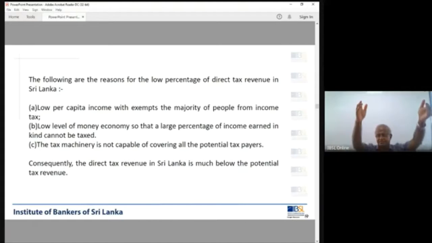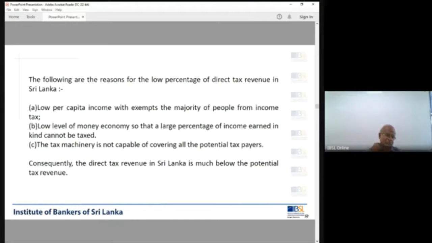Direct taxes increase. Now, what is the government's responsibility? If they bring them into the tax net, cut down the tax on sugar, cut down the tax on dal, cut down the tax on flour, like that. Then the price level comes down, and these people get the benefit. That argument is correct.